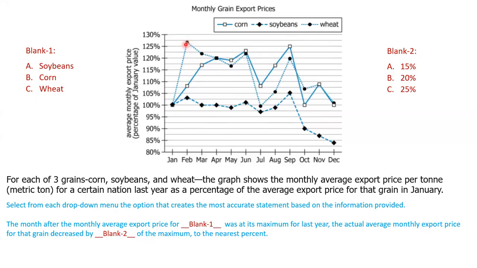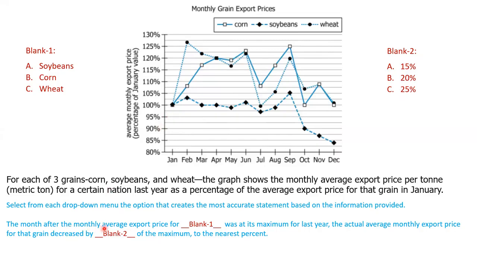And the export price of wheat in March became $122 per ton, and so on. So this is how it needs to be interpreted. We don't know whatever the price was, it's just been benchmarked, pegged at the January price.